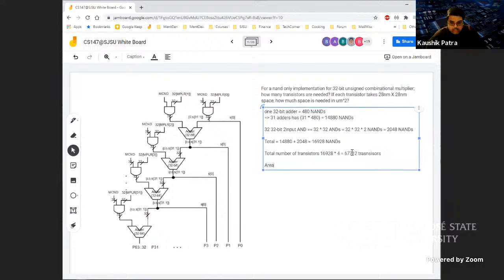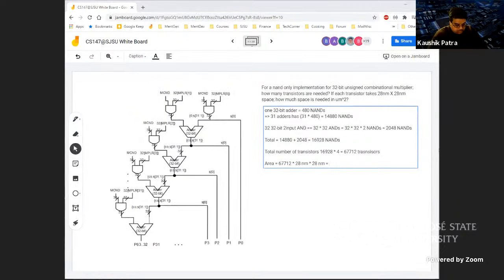That means the area would be 67,712 multiplied by 28 nanometer multiplied by 28 nanometer. Again, let me use a calculator: multiply 28, multiply 28. Okay, 53 million 086,208 nanometers square.